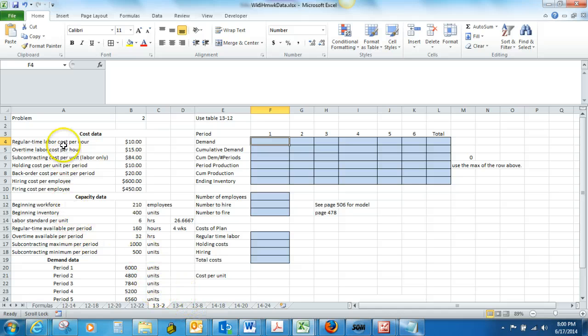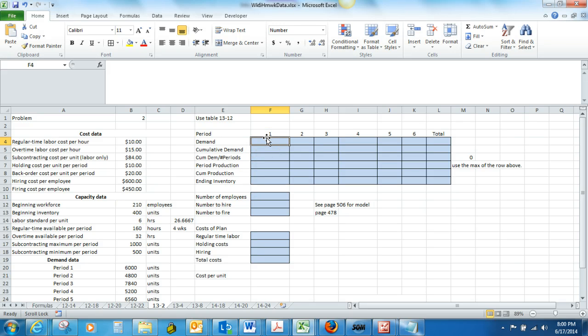So all of the data is provided for you, the cost and the capacity data and the demand data. So for the first problem, your first period's worth of demand is going to be the first period's demand minus what you have in beginning inventory.